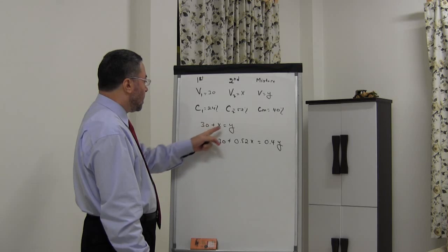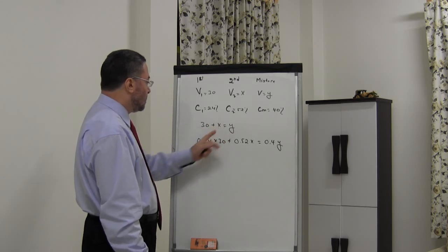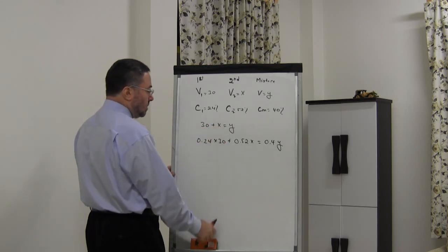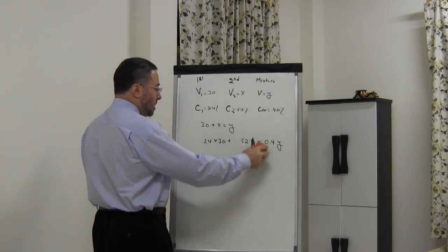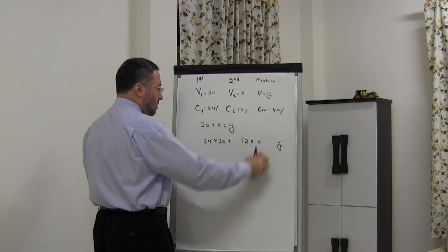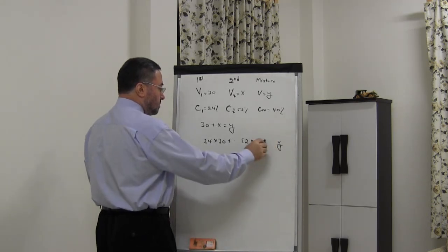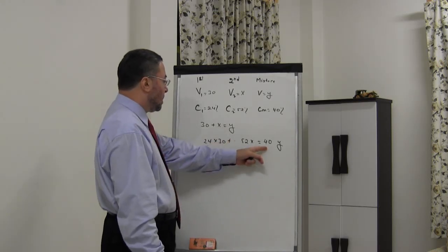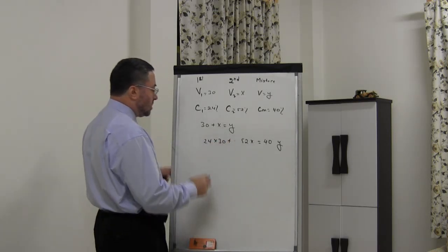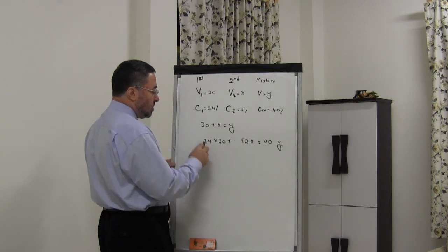And now we can replace y with this. Simplifying and getting rid of the decimal, here we get 40y. And before we replace y, we can even simplify by dividing by 4.